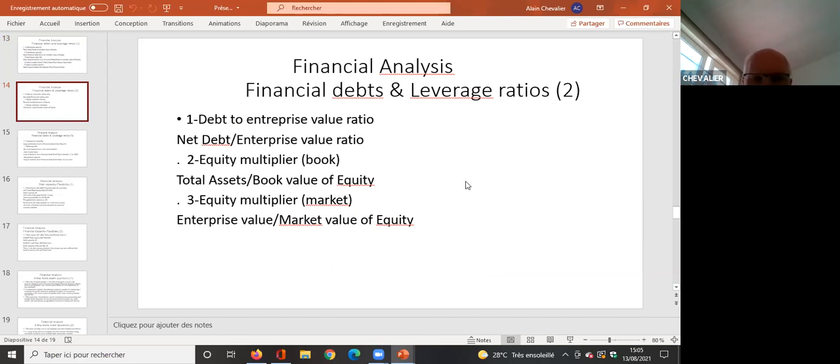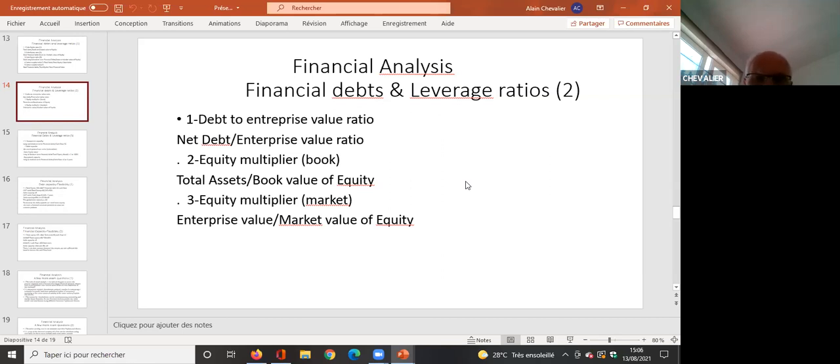So you find also a group of ratios here, which is on the limit between the analysis of financial debt and the analysis of what we call leverage. Very often we call them also multipliers. That's how they are called in Burke and Desmaisons. In my presentation here, you will find 3 of them.